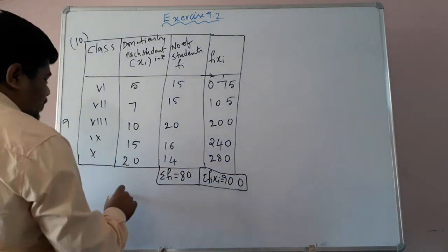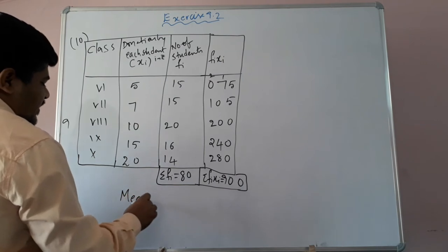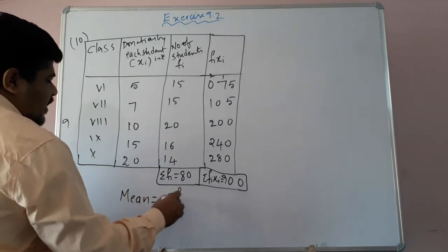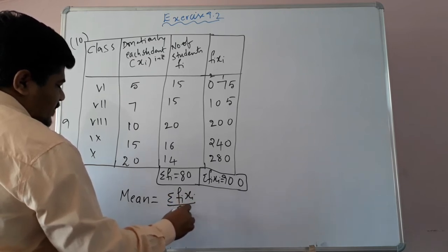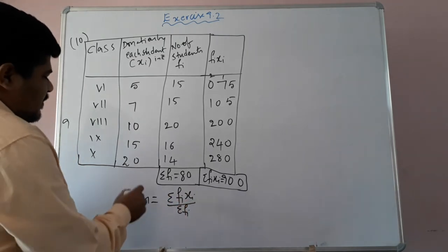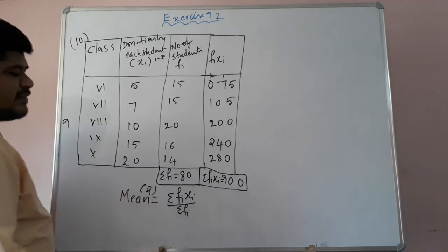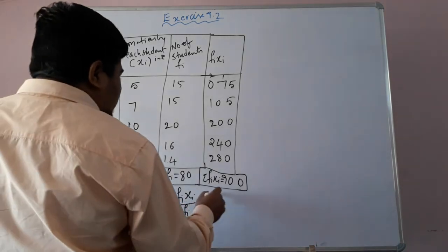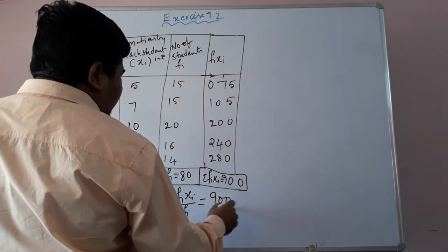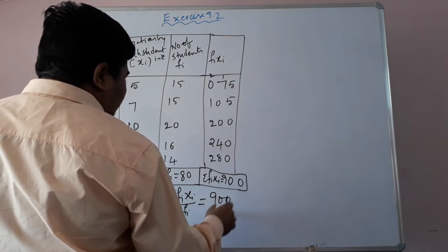So children, what is the mean? Mean is equal to sigma Fi Xi by sigma Fi. Mean is represented with x bar, children. Mean is equal to sigma Fi Xi by sigma Fi. So that is equal to 900 by 80. So 0 0 cancel, children.